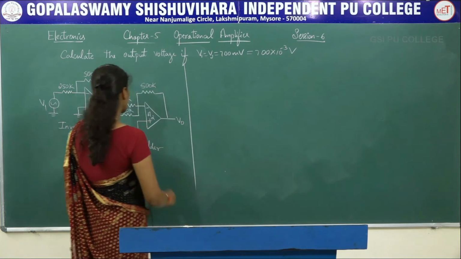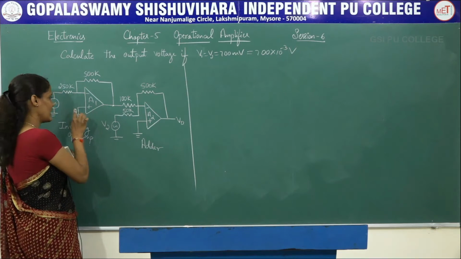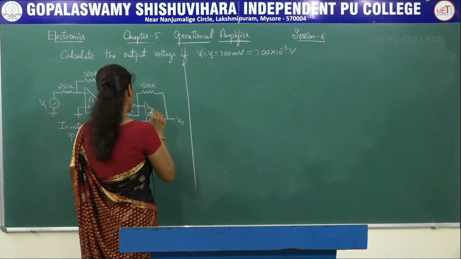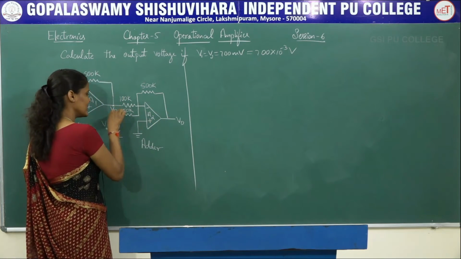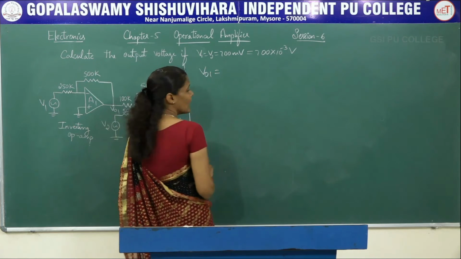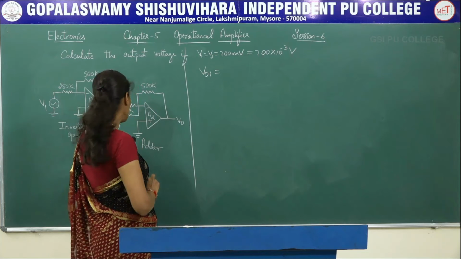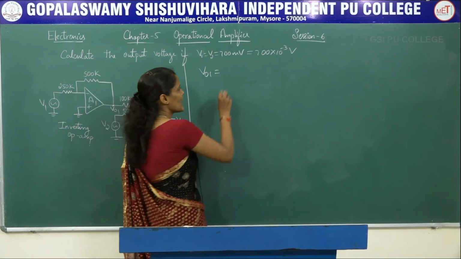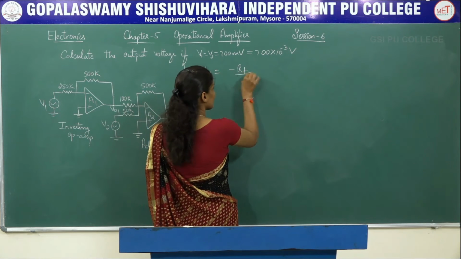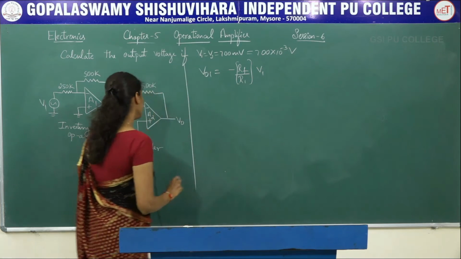So first let us calculate the output of the first op amp. Since this is an inverting op amp, let me call this V01. So V01 equals, the output voltage formula for an inverting op amp is minus Rf by R1 of V1.